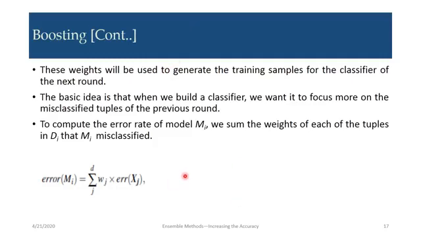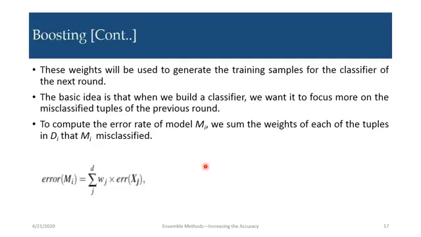These weights will be used to generate the training samples for the classifier of the next round. After adjusting the weight value, either increased or decreased, Di is now ready to be applied to the next classification model.